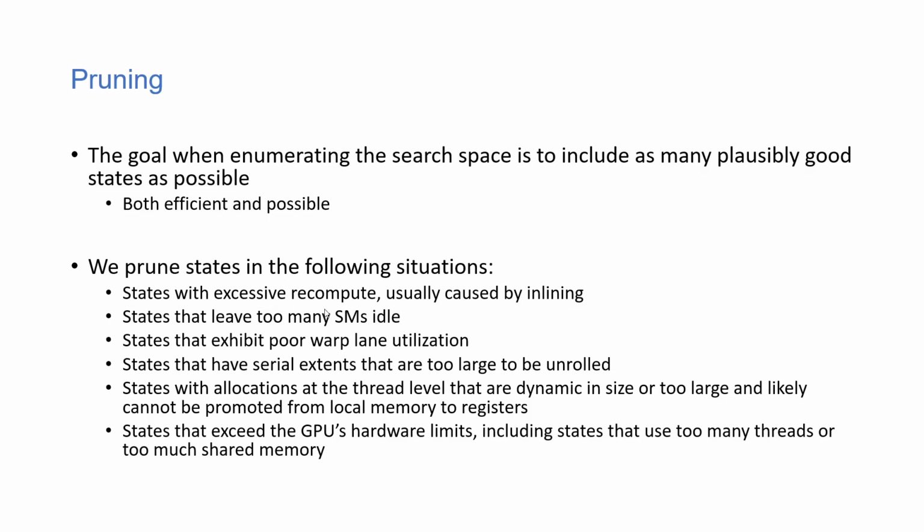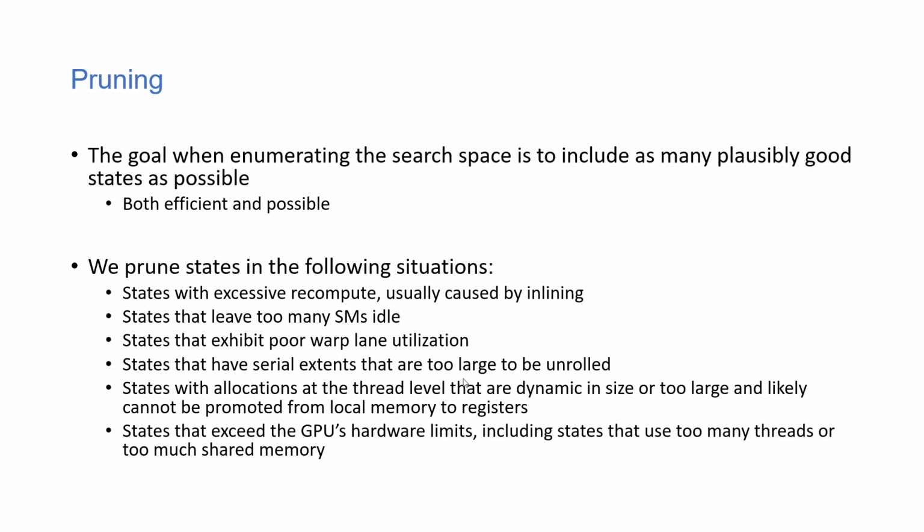States that have excessive recomputation, usually caused by inlining; states that leave SMs idle; states that have poor utilization. This occupancy and utilization are measured in the features of the cost model. You're going to see it later.